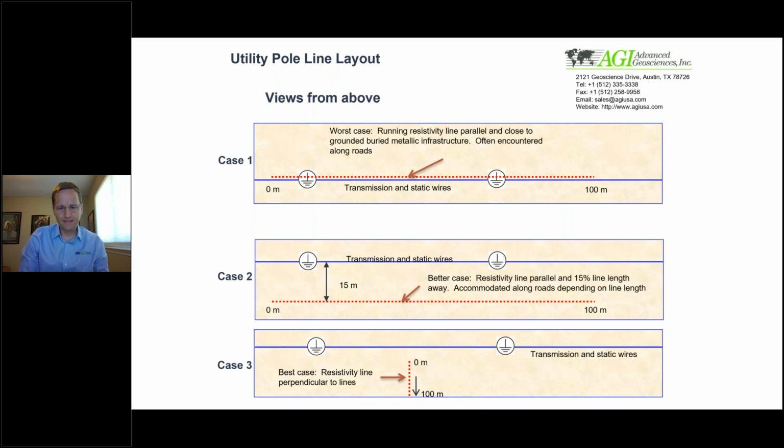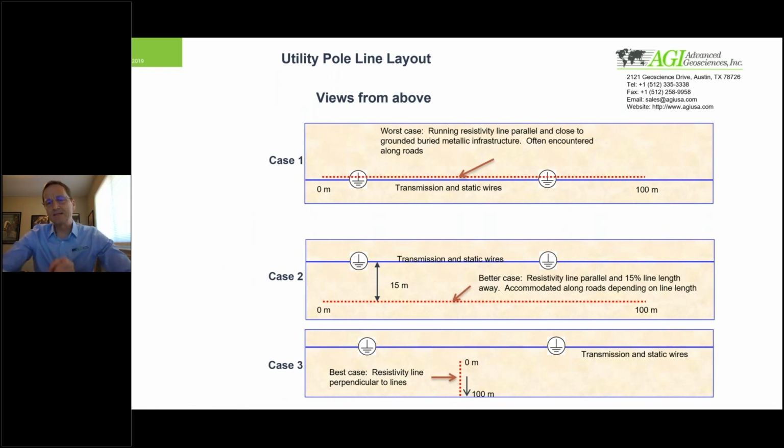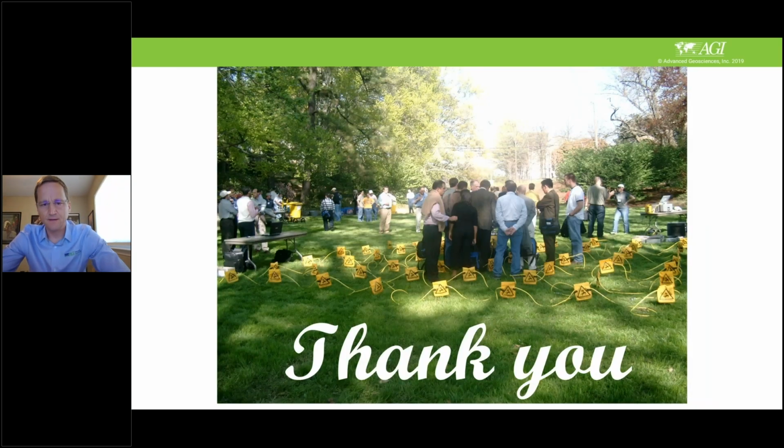Case 2 is better because you're spaced, and that 15 meters is a function of the 100-meter length of your spread on that measuring line. So keep that 15% rule in play for your project planning. And that's the slide portion of the seminar.